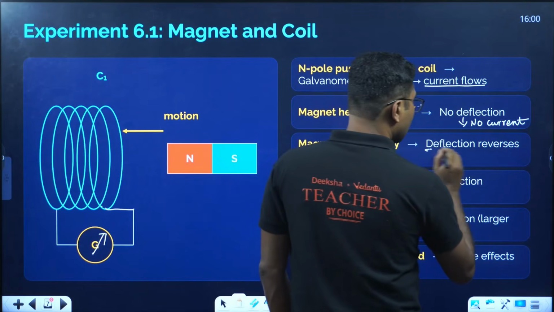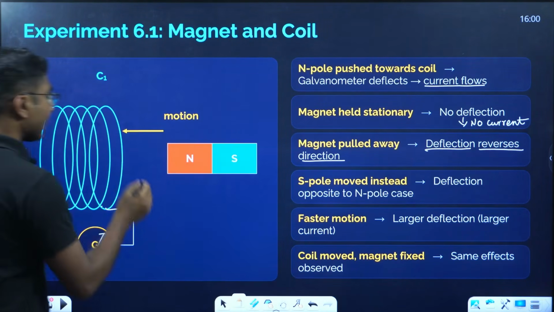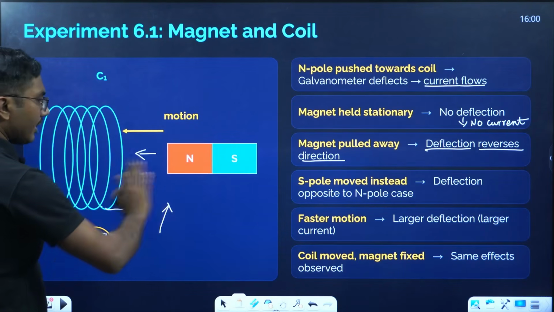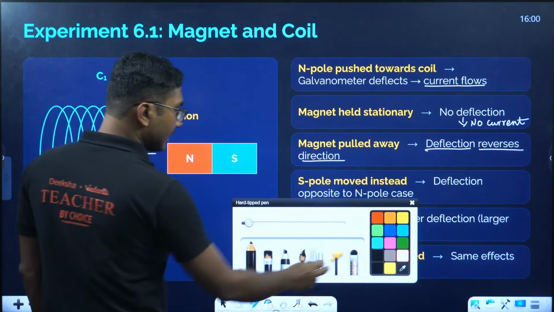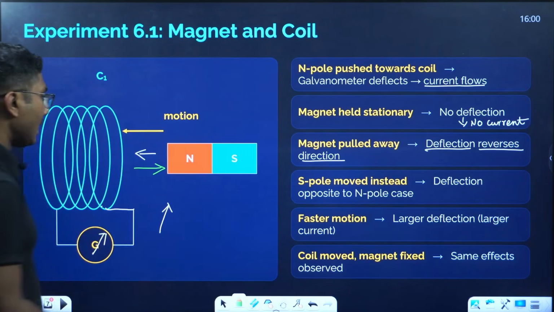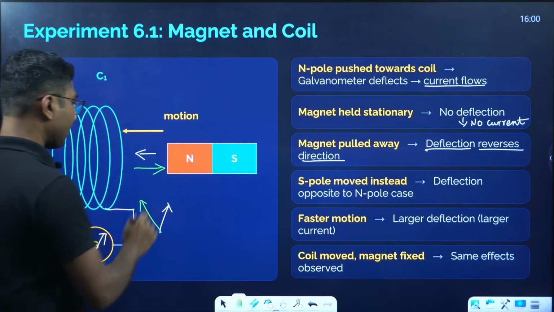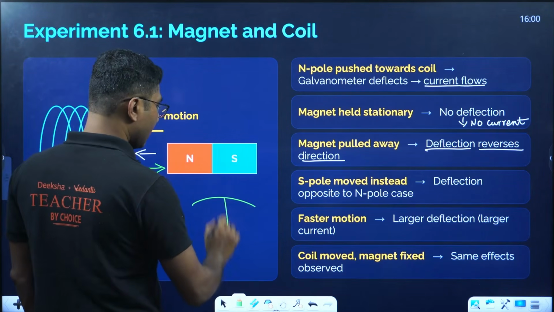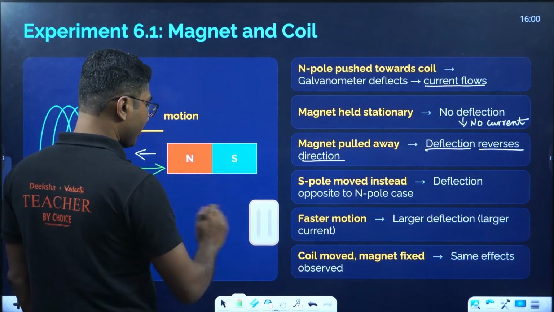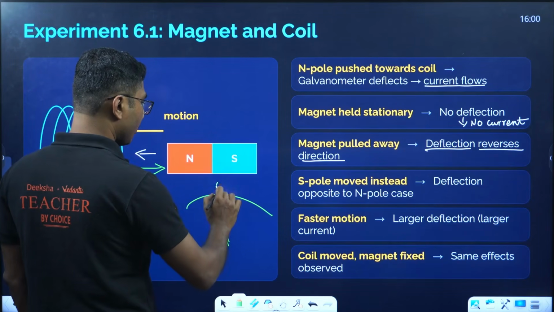Deflection reverses direction. Suppose when you move the magnet towards the coil, the galvanometer deflects on the right-hand side. Now when you pull it away, the galvanometer needle will deflect on the opposite side. The galvanometer by default always stays in the middle; that is the beauty of the galvanometer, and that's why we use it. The needle always stays in the middle, at zero.